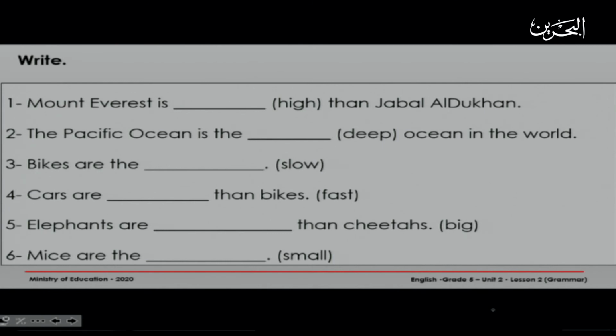Before you write your answer, you have to pay attention to what's before the blank and change the adjective. You can write your answers on your mini board. You have 5 minutes. Start.